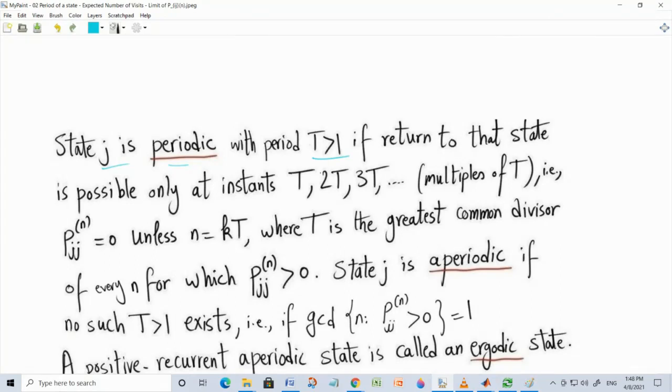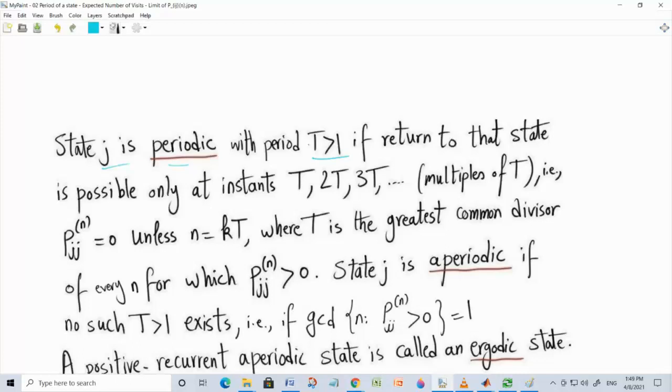The state is periodic basically if, starting from the state, you can be back at the state again only at integer multiples of this big T. Suppose that big T is equal to 2.